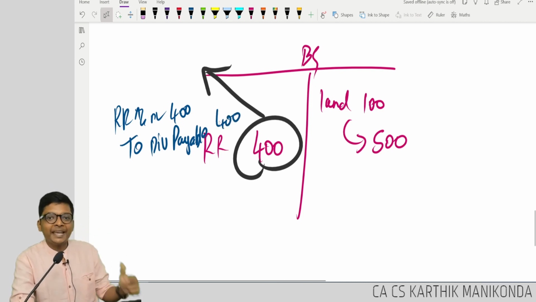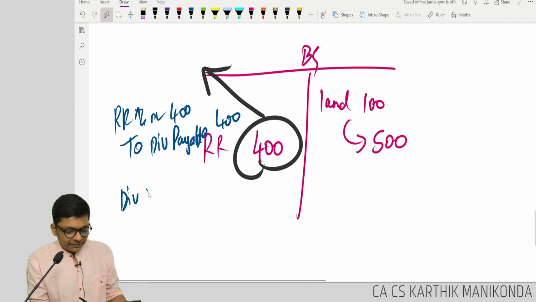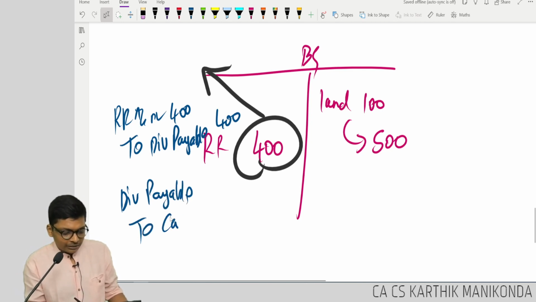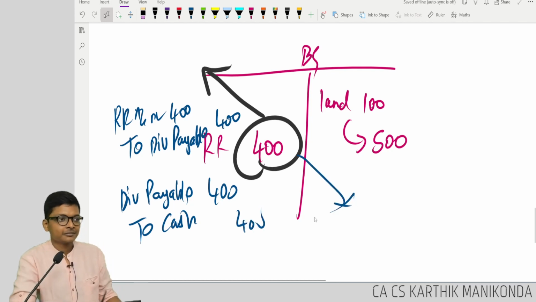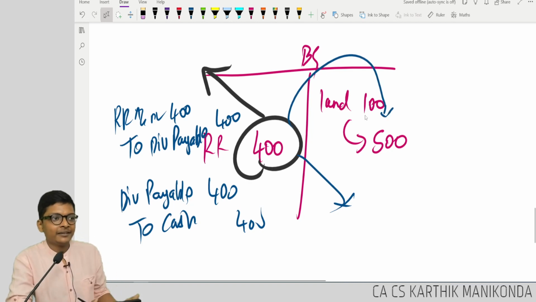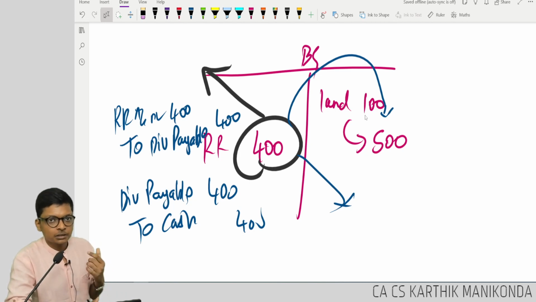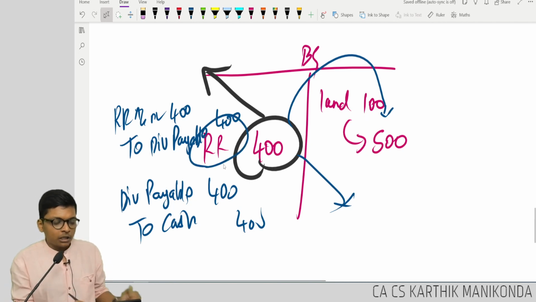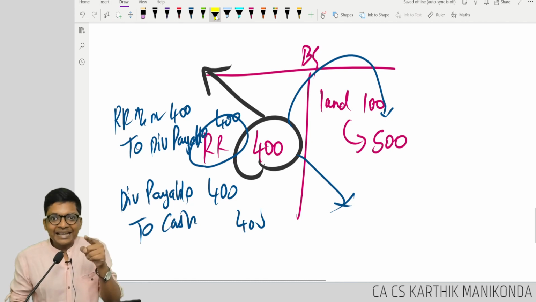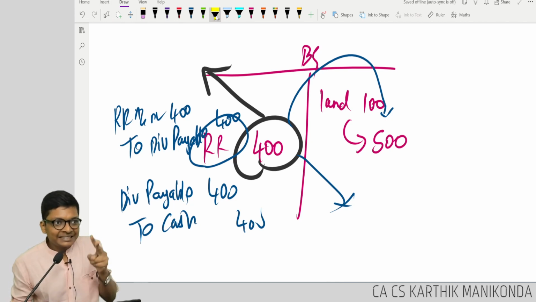Next I have to pay dividend payable to cash. How much? But where is the cash? 400 is represented by what? Can I sell my land and pay dividend? Are you following, guys? That means what is the conclusion of this? This reserve is what? Unrealized reserve or unrealized gain, or it's called a notional gain.